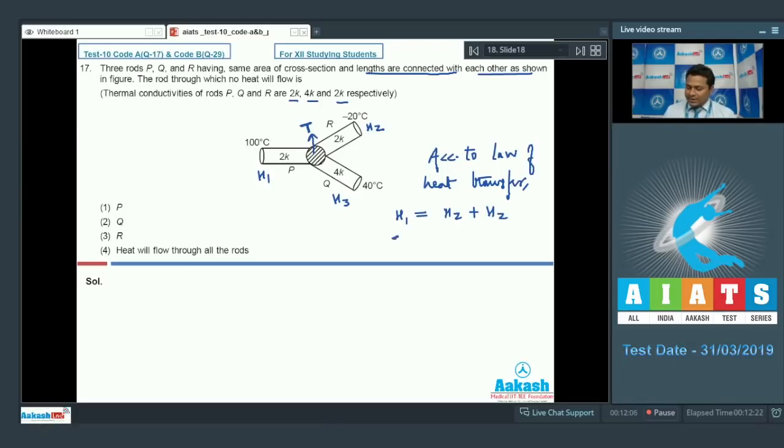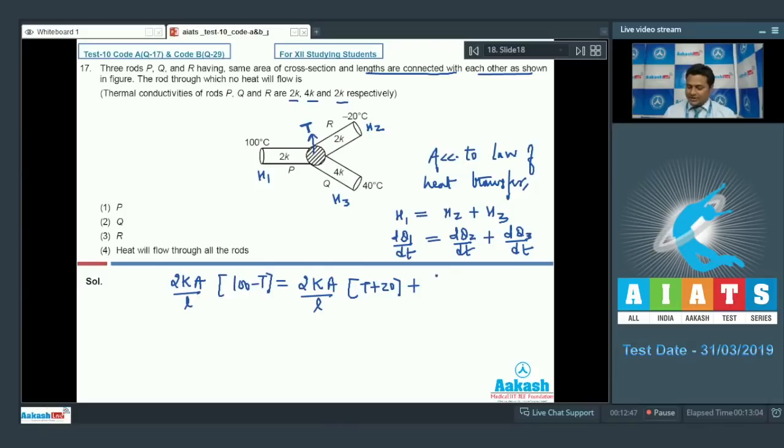The rate of flow of heat can be written as dQ1 by dt in rod P will be equal to the sum of dQ2 by dt plus dQ3 by dt. dQ1 by dt can be written as 2K area A length L temperature difference 100 minus T will be equal to 2K for rod R, area same, length same, temperature difference T minus 20, that is T plus 20, plus for third rod, that is Q, 4K area A, length same L, temperature difference T minus 40.